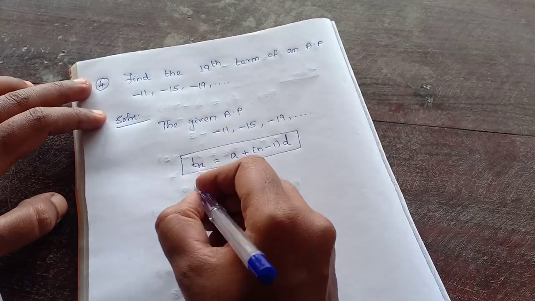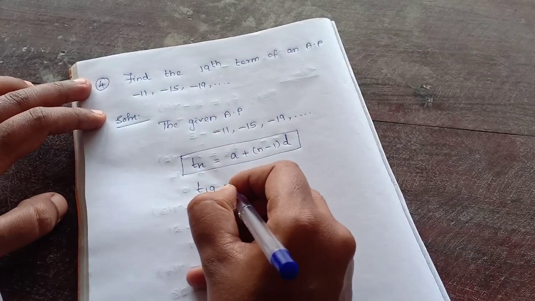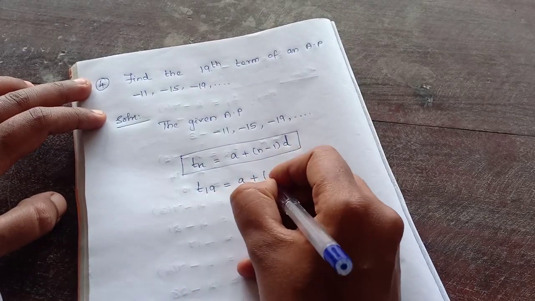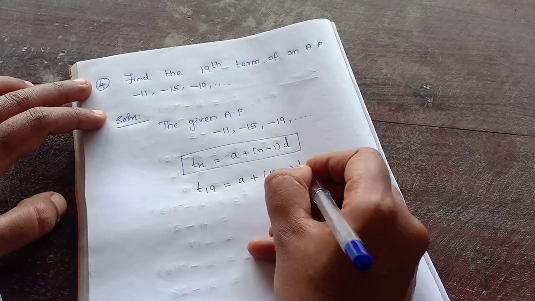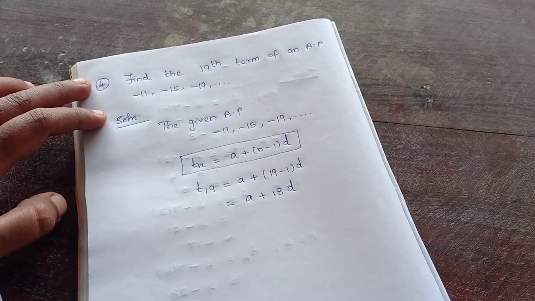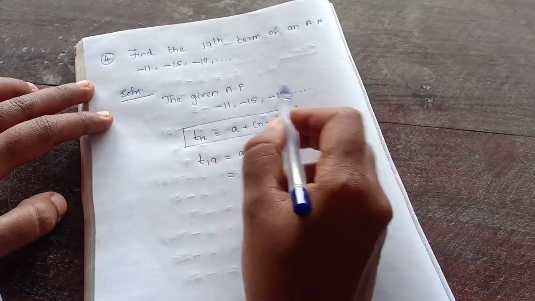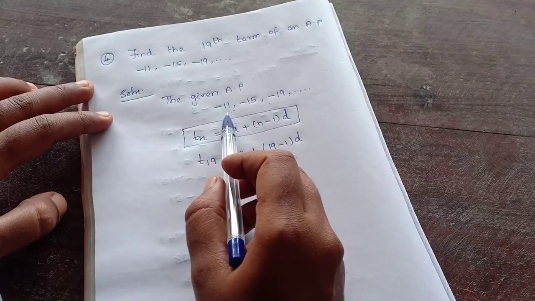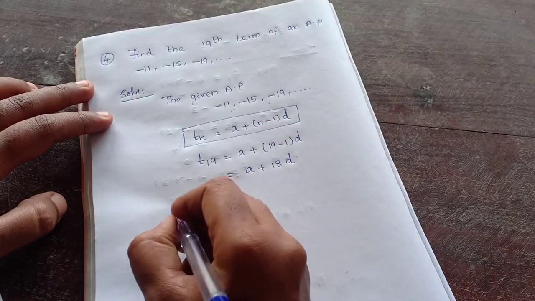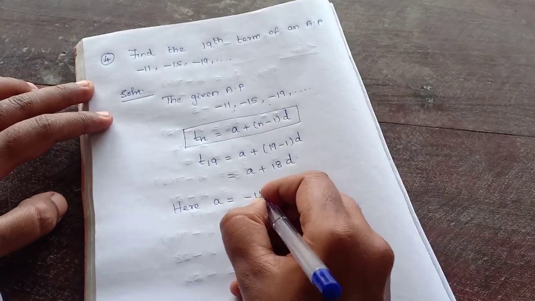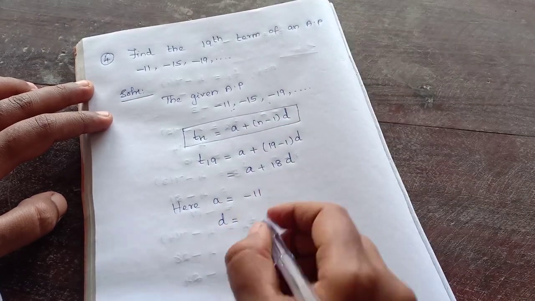Here 19th term. So T19 is equal to, in the place of n you need to substitute 19. So A plus 19 minus 1 into D. So A plus 18D. Now from the given AP we need to find A and D. Then only you can substitute here. So from the given AP, A means first term, minus 11. D is equal to, what's the formula?